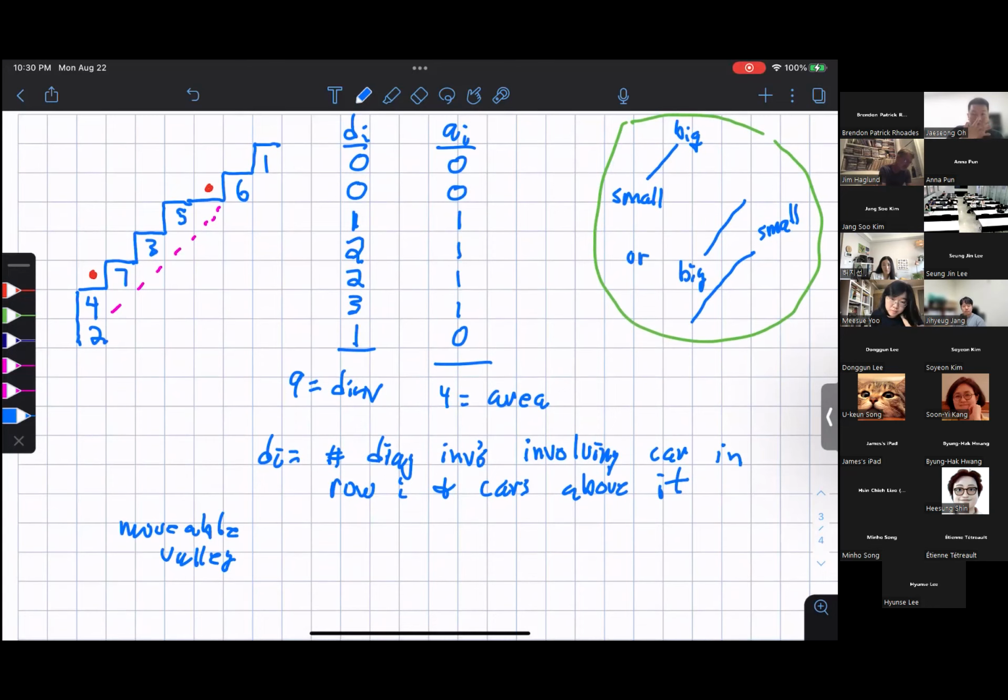So for example, that 6 there, I can push to the left and I have a parking function. But I couldn't push the 1 to the left because then I'd violate the decrease down columns. And so in this diagram, the 7, the 5, and the 6 are all movable valleys. And I'm going to mark a certain number of them, in this case 2.